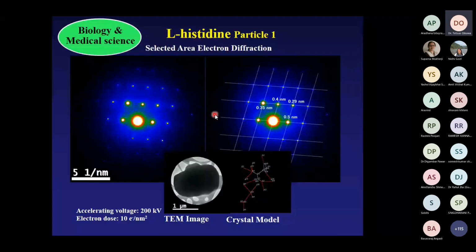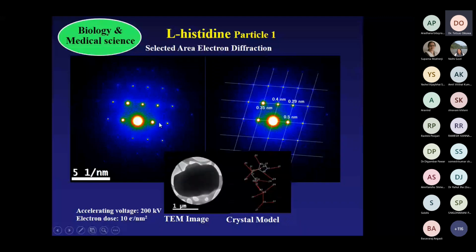And also, this is an example of electron diffraction. Okay, the specimen was an organic material, L-histidine. L-histidine is very famous as a medicine or food, but it is a very beam-sensitive material. Then the electron dose is reduced.